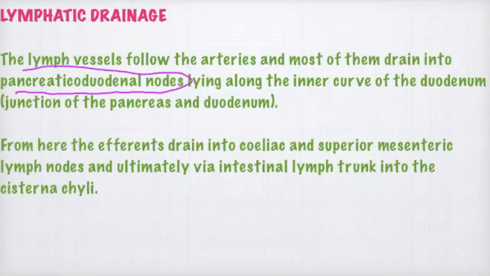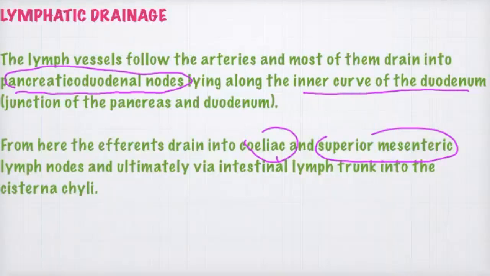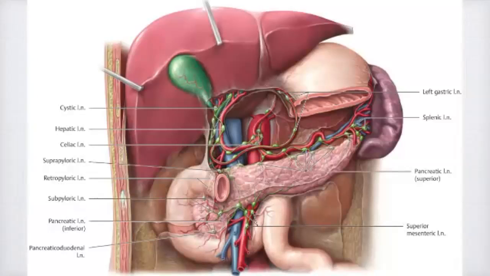These are the pancreaticoduodenal lymph nodes. They drain into the celiac lymph nodes. The superior pancreaticoduodenal nodes go to celiac nodes, and this goes to intestinal trunks, cisterna chyli, thoracic duct.